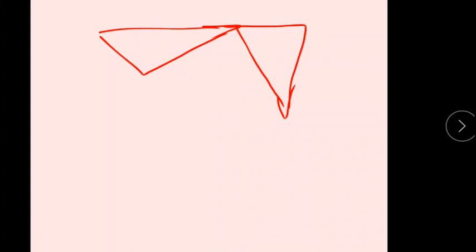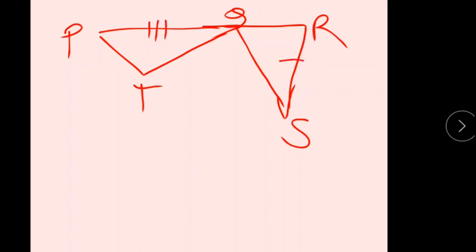All right, so in your book it is PQT, one triangle, and another is QRS. They have also marked with this line, right? Two line segments are there. And the one dash is over here.